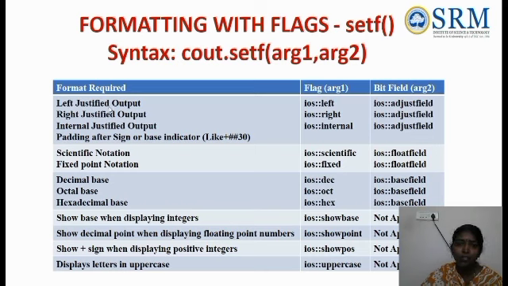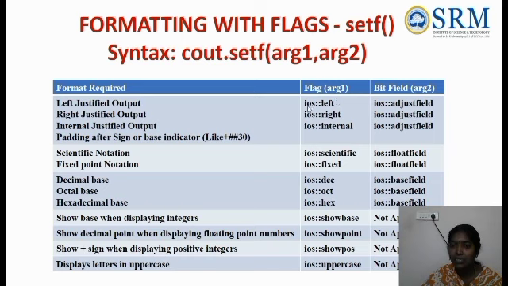The first one is to justify our output. Our output can be left justified, right justified, or internally justified. For left justifying output, the flag should be ios::left, since left is in the scope of the ios class.